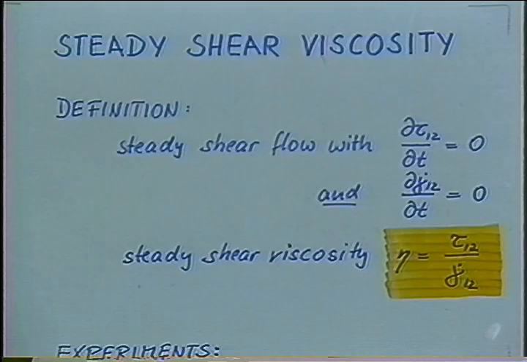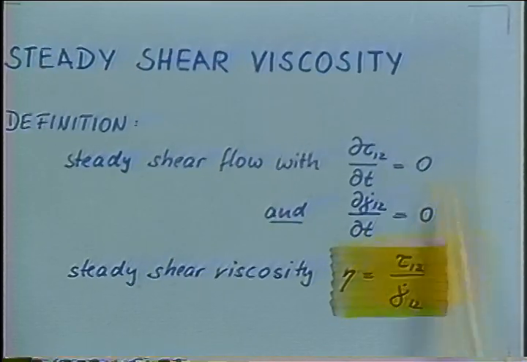And steady shear flow is defined by a constant rate of shearing. Gamma dot is constant in time, and the direction of shearing is also constant. It doesn't have to be a homogeneous shear flow. The shear rate might be a function of space, but it certainly has to be constant in time.